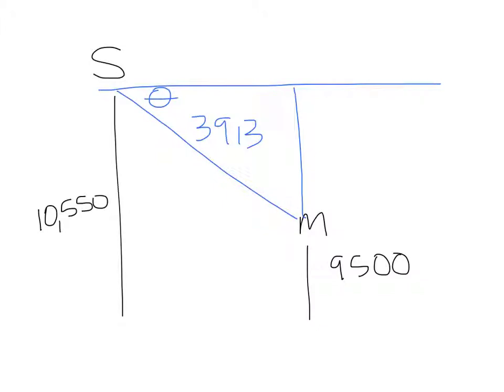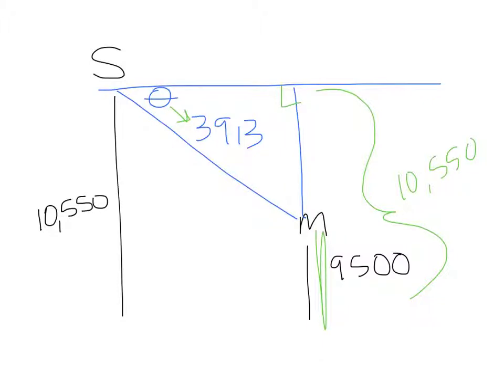So compared to theta, I know 3913, which is the hypotenuse, because here's my right angle. Now I know that this whole length is 10,550, and I know that this part is 9,500. So then what's left is just a little 1,050 feet. So if you look at this, I know opposite and hypotenuse.